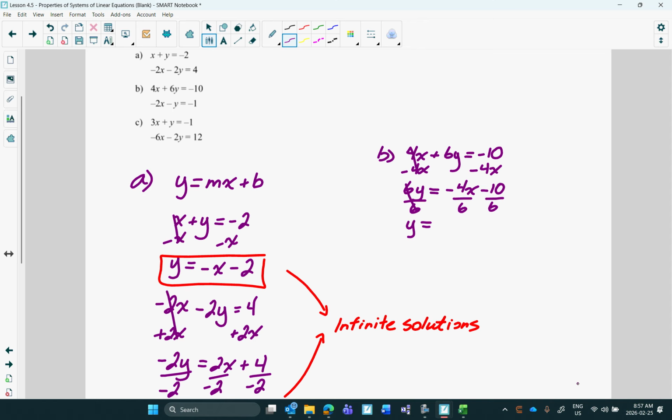If it doesn't divide cleanly, leave it as a fraction, but reduce it. So negative 4/6 reduces to negative 2/3, and then there's an x. What's minus 10 divided by 6? Negative 5 over 3. So there's my first equation.